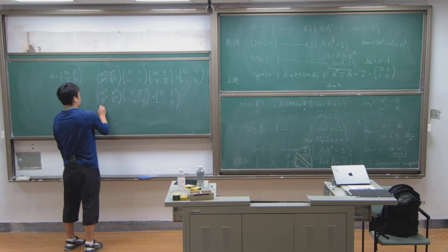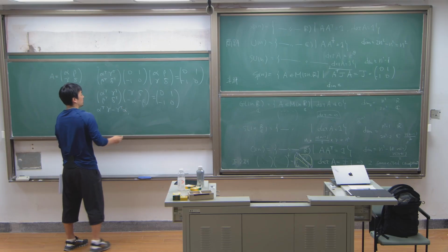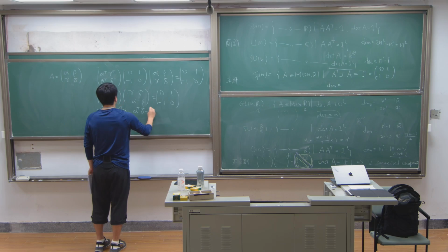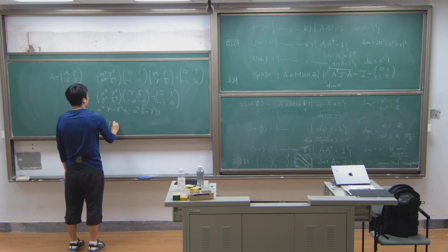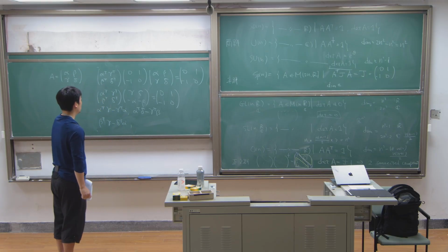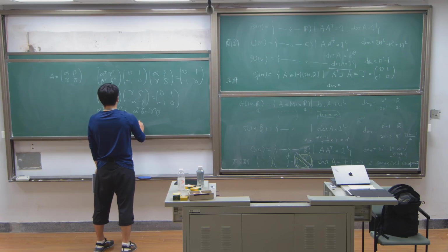You have alpha transpose gamma minus gamma transpose alpha, that's an entry, and alpha transpose delta minus gamma transpose beta, beta transpose gamma minus delta transpose alpha, and the last element is beta transpose delta minus delta transpose beta.